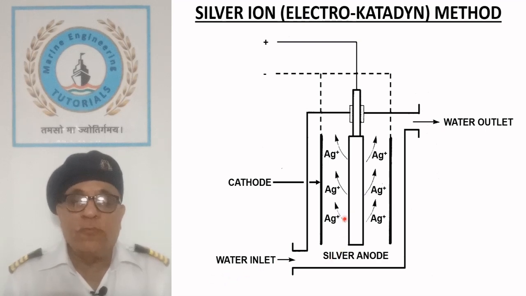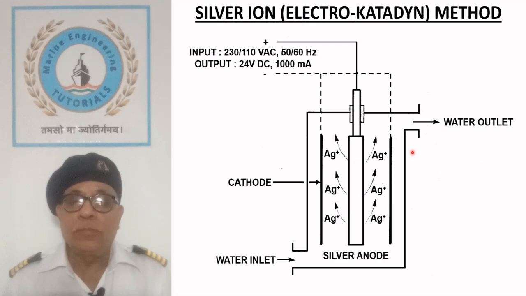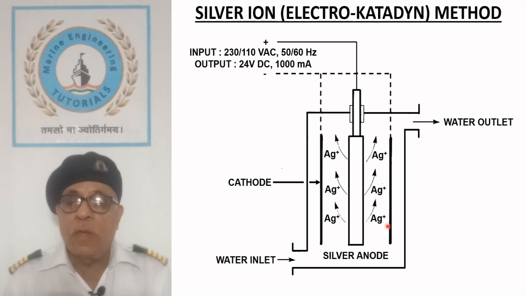Water is made to flow through the electrolytic cell. Low voltage DC current is regulated to flow through the consumable silver anode in the electrolytic cell to release the required silver.